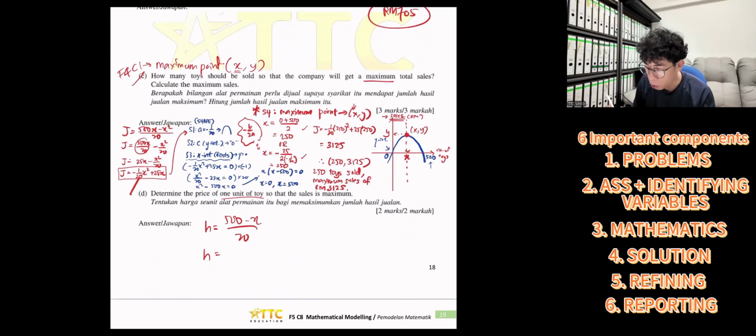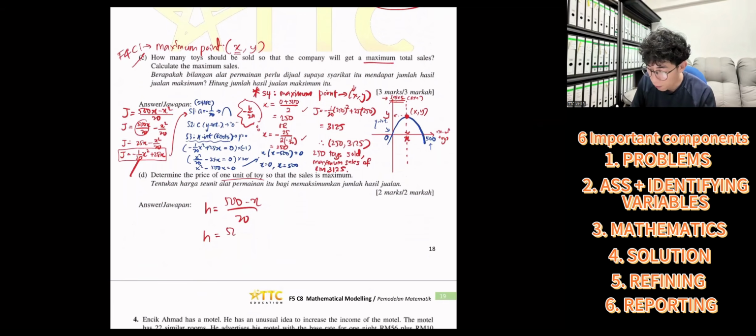So what is your x at maximum sales? 500 minus 250 over 20, because when you hit maximum sales, you will sell 250 toys, right? So 250 divided by 20 means it will be 12.50. So you put therefore RM12.50.